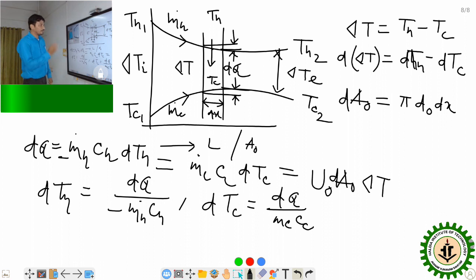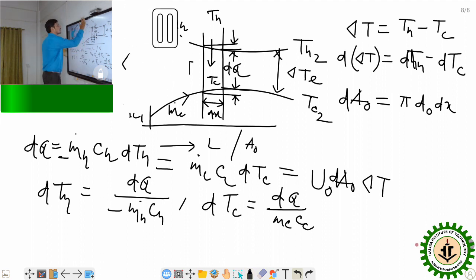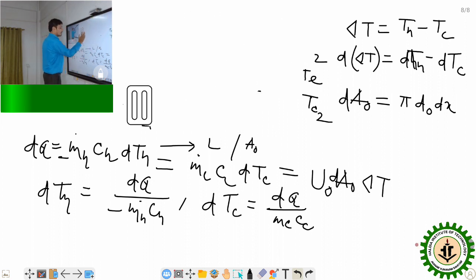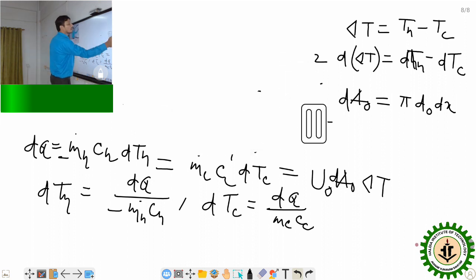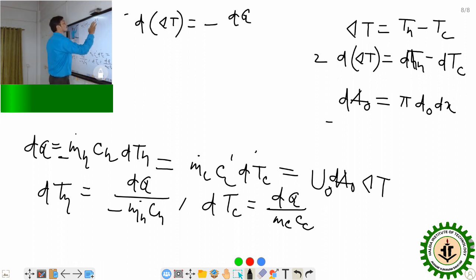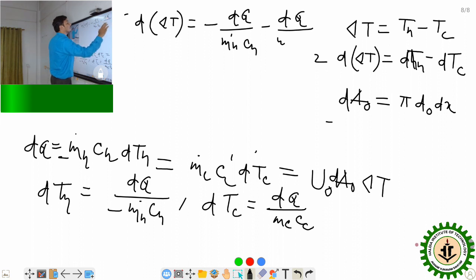Putting these two terms, we will be getting d del T, which is nothing but minus dQ by mH CH, again minus dQ by mC, the mass flow rate, and CC.